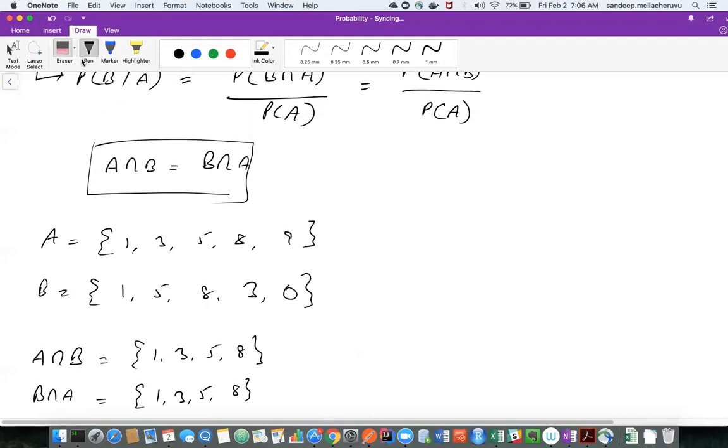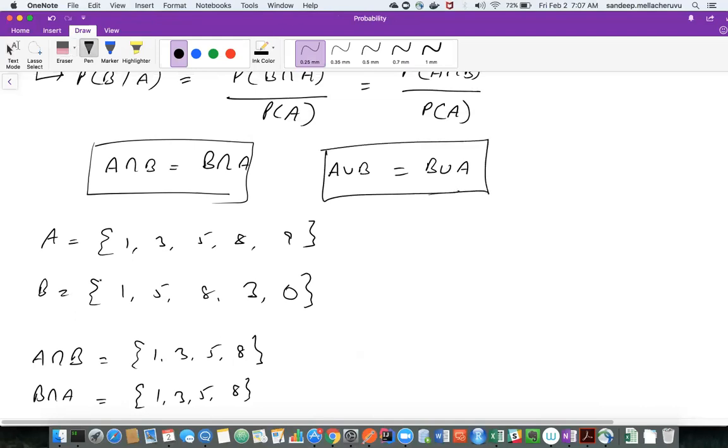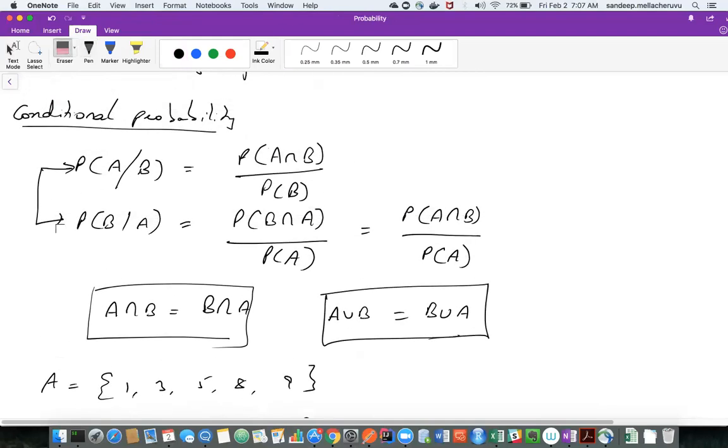Similarly, the same thing happens for A union B equal to B union A. Anyway, my concern at this point is understanding what this conditional probability is.